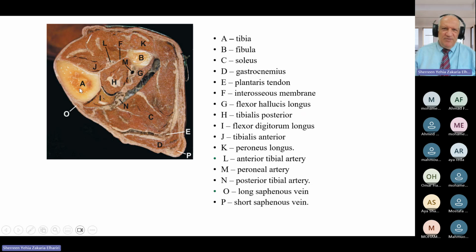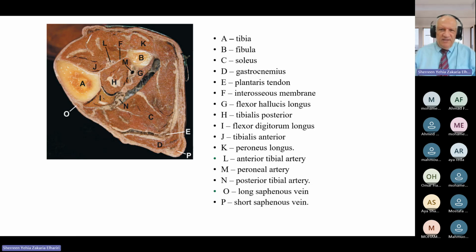A is tibia, of course. B is fibula. C is soleus muscle. D is gastrocnemius. E, which may not be present, is the plantaris muscle tendon. After that, F is the interosseous membrane between tibia and fibula.